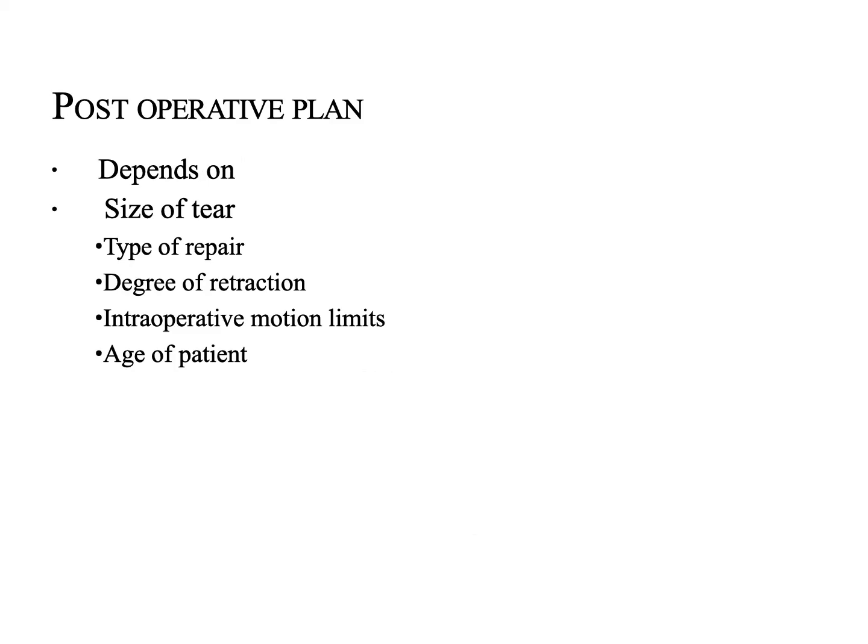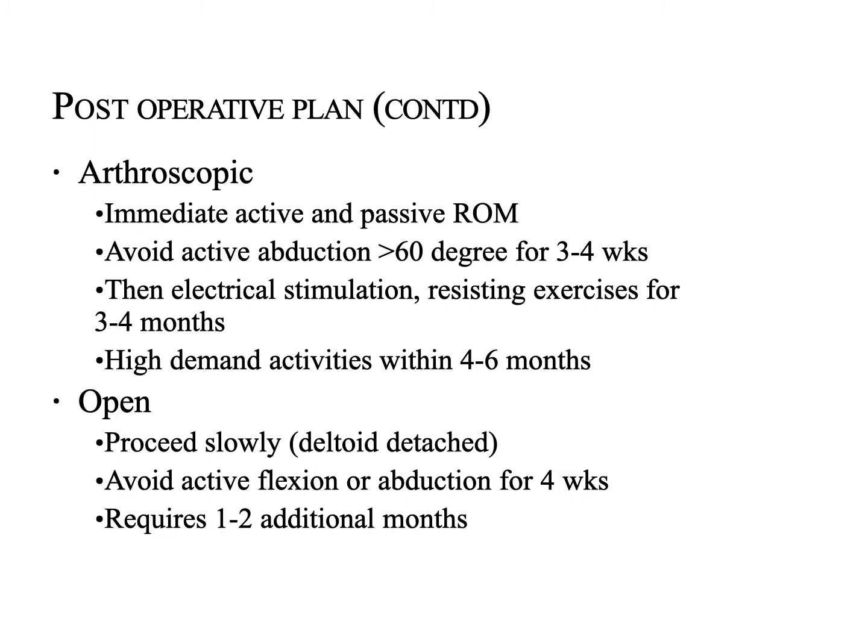Post-operative plan depends on the size of the tear, type of tear, degree of retraction, intraoperative motion limits, and age of the patient. In arthroscopic operations, immediate active to passive range of motion is started. Active abduction more than 60 degrees is avoided for 3 to 4 weeks.